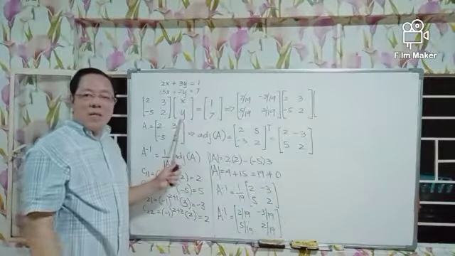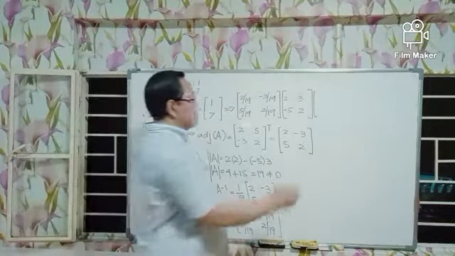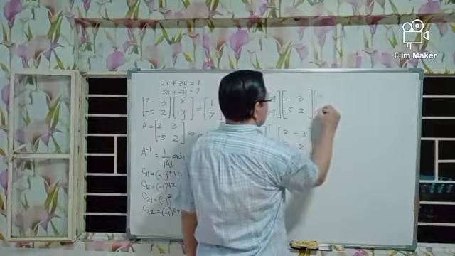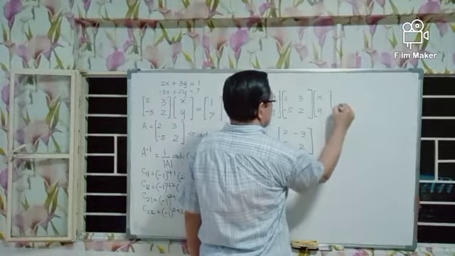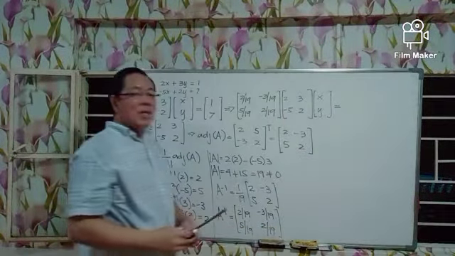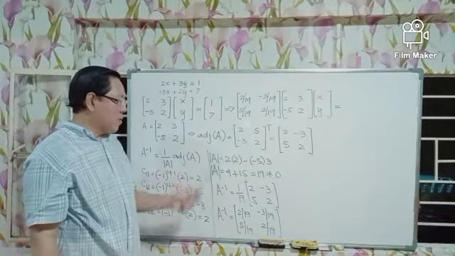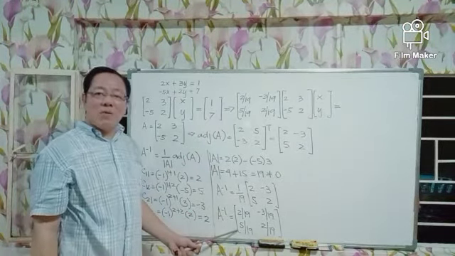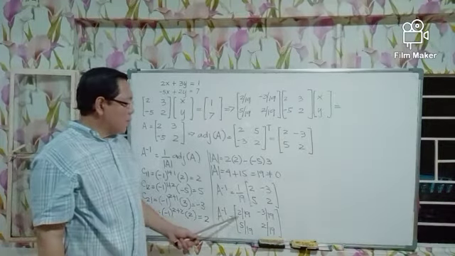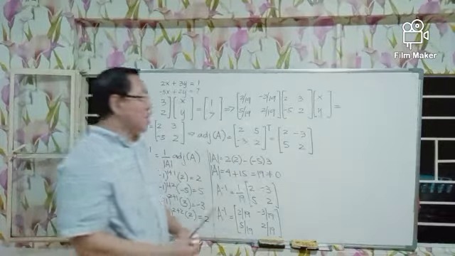Multiply by this column vector x y. And the right hand side, we also multiply this column vector by the inverse of A. And we write first the inverse of A: 2 over 19, 5 over 19.